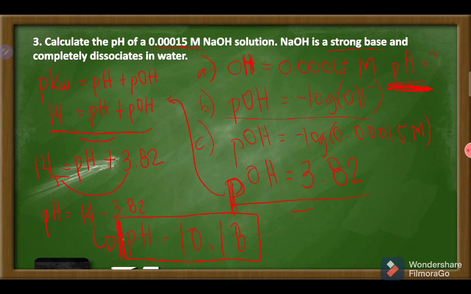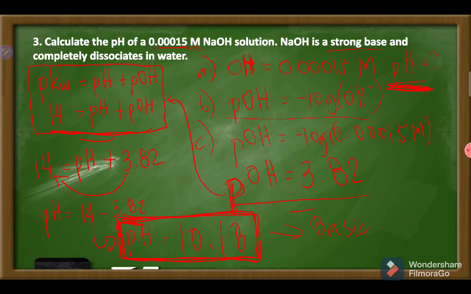So, that's how you calculate the pH when the given is an OH. Since it is greater than 7, this is a basic solution. So always remember this formula, where pKW is equal to the sum of pH plus pOH.